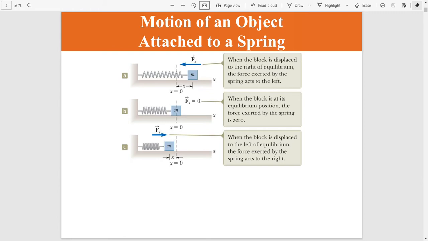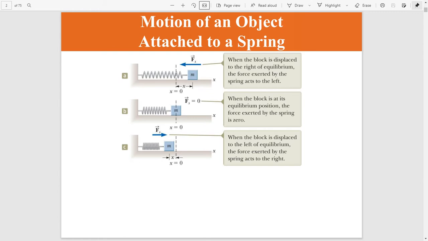What's happening is that when the spring is compressed or stretched, it exerts a restoring force which points opposite to the stretch or the compression. So if it stretches towards the left, the restoring force wants to push the block spring system back to the left.